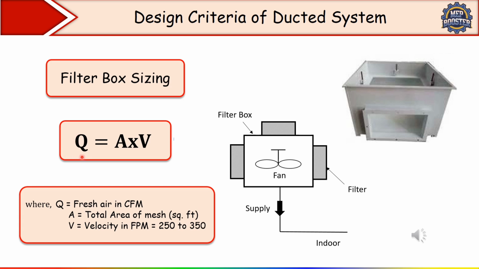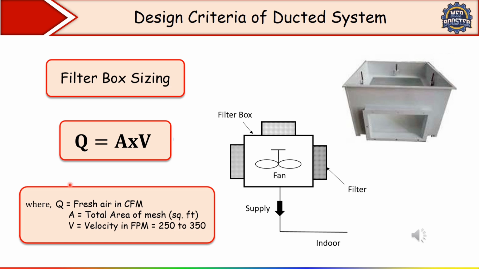You have to enter the value of that. And how can you calculate fresh air CFM? I have told you, first find the exhaust air CFM, and 70 to 85% of exhaust air CFM is our fresh air CFM, meaning that much air we have to supply.